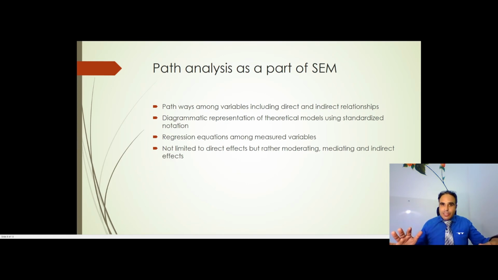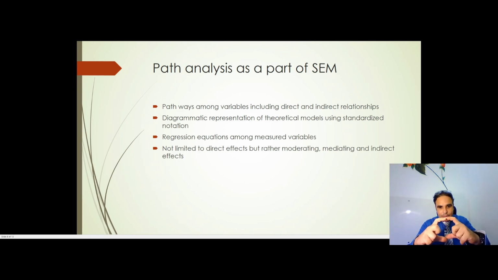Path analysis, very important. What are path analyses? We have seen many models in which you may see ellipse forms or rectangular forms, in which you see observable variables.